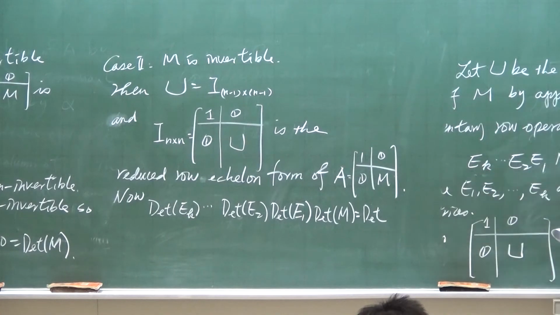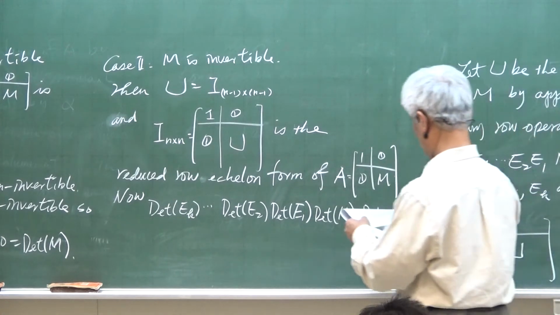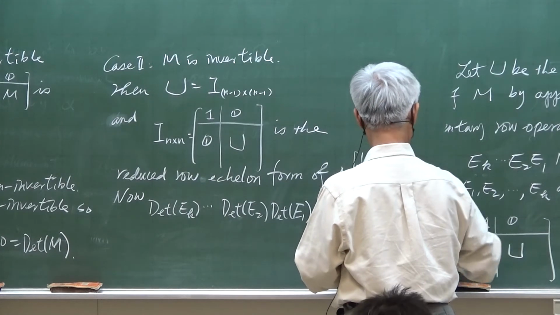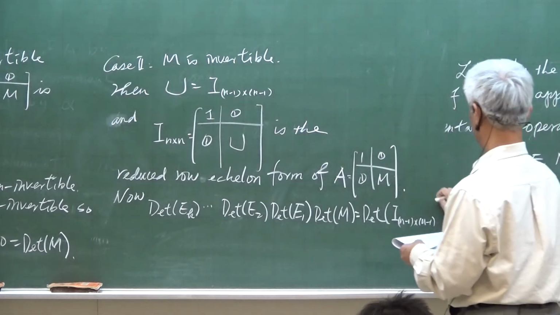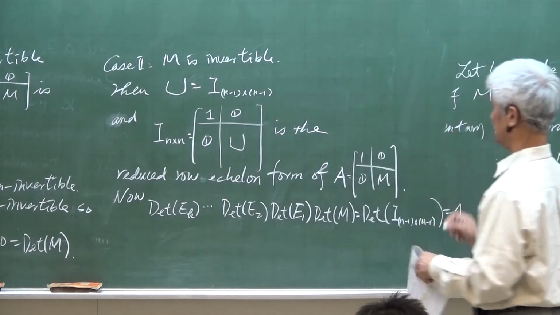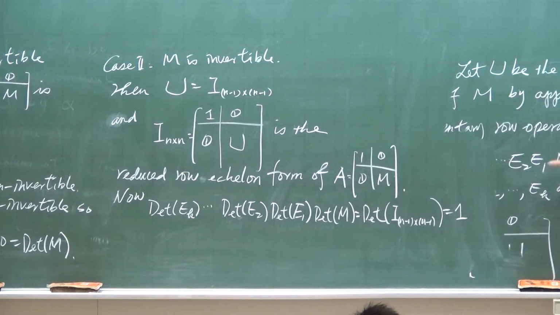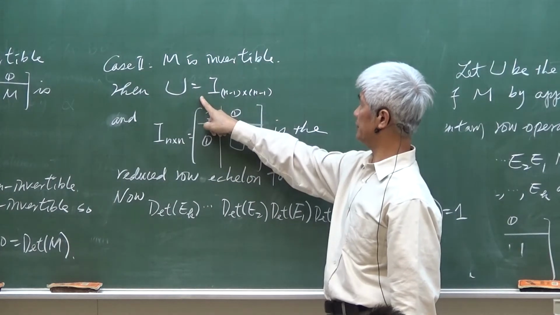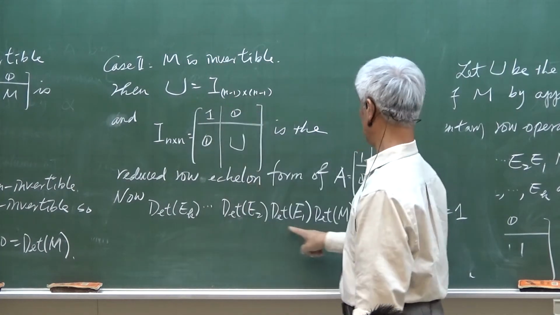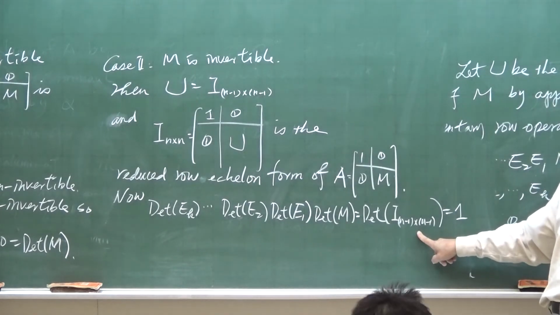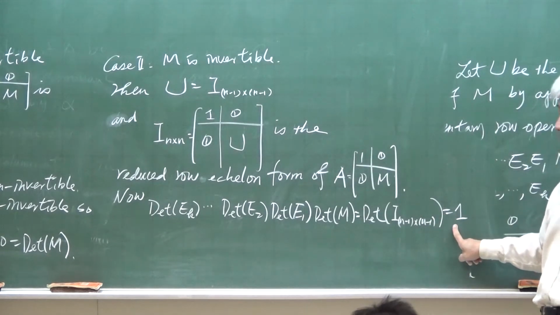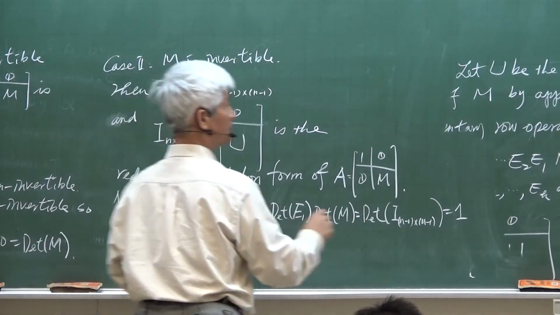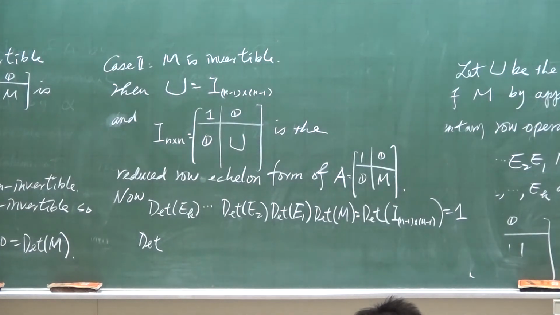So we take the determinants. This is the determinant of identity, which is 1. Because M is invertible, the reduced echelon form of M is identity, and by our axiom number 1, the determinant is 1.